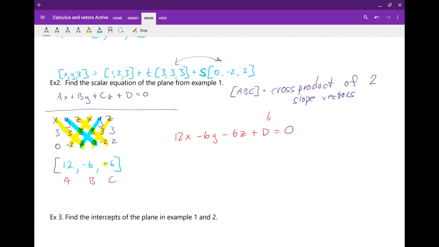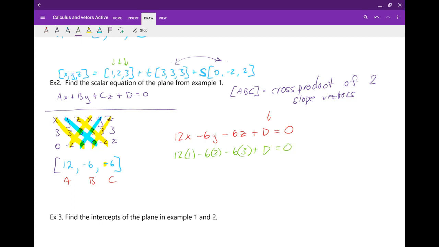Oh, shoot, I still need to find the d value. But fortunately, I've got an xyz that's given to me on the plane right there, which is a 1, 2, 3. So I'm going to be able to write 12 times 1 minus 6 times 2 minus 6 times 3 plus d should give me the 0 that I'm looking for.